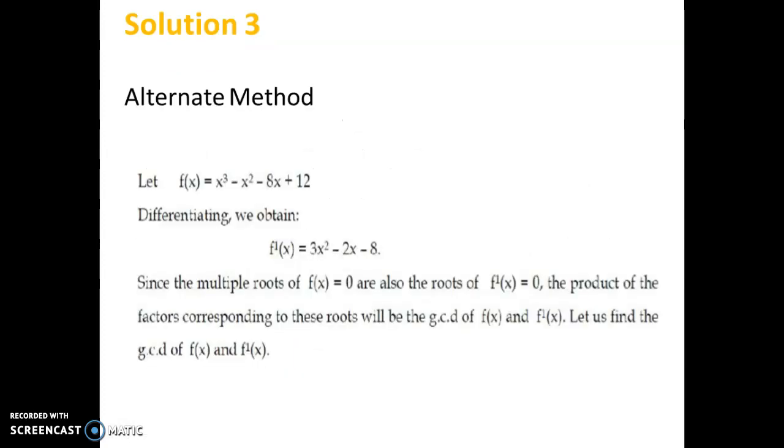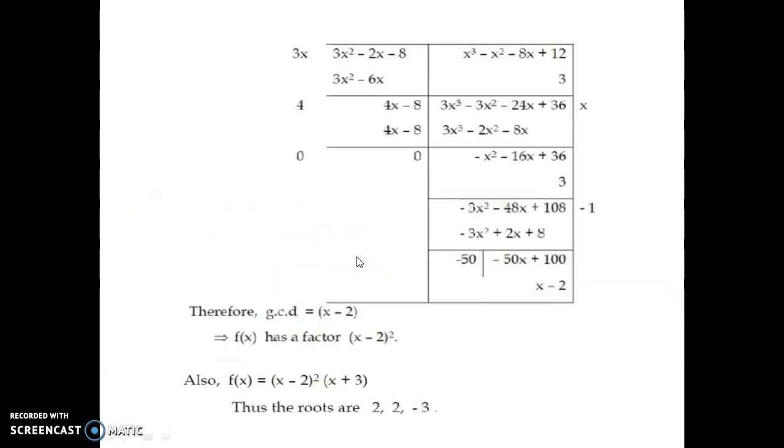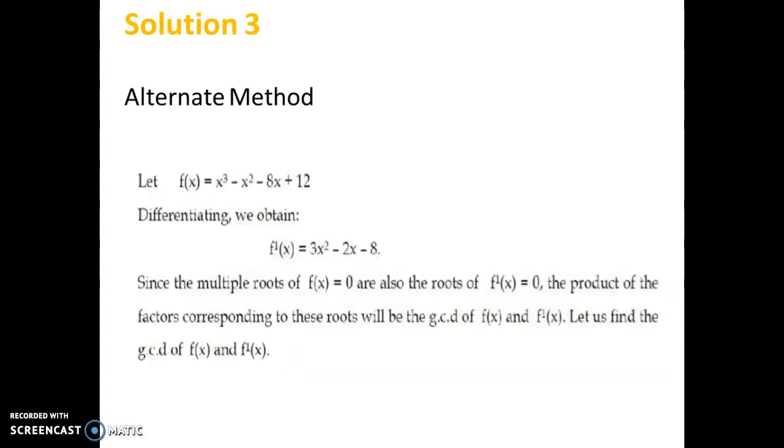And there is an alternate method to do the same problem. Let f of x equal to x cube minus x square minus 8x plus 12. When differentiating you will get 3x square minus 2x minus 8.